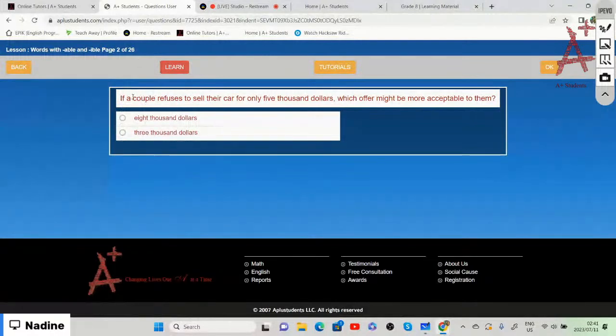If a couple refuses to sell their car for only $5, which offer might be more acceptable to them? Is it $8,000 or $3,000? All right, so remember it is acceptable.